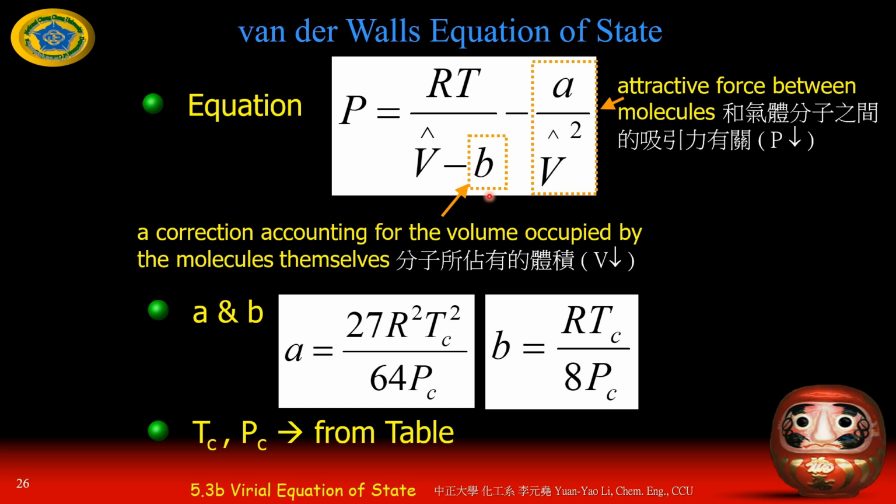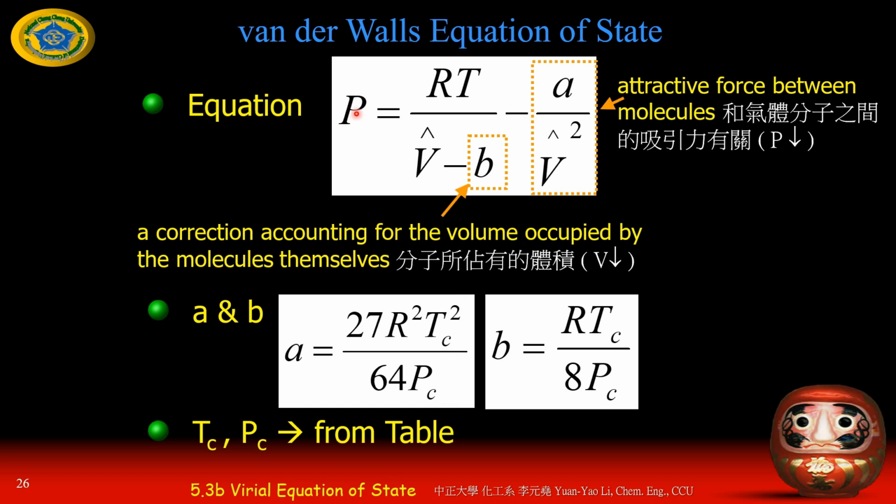This equation is easier compared to the other equations of state, right? Because for van der Waals, you only need the A and B coefficients. And what you need to find out is the critical temperature and critical pressure. You input the temperature and pressure into this equation, and you can get an answer.